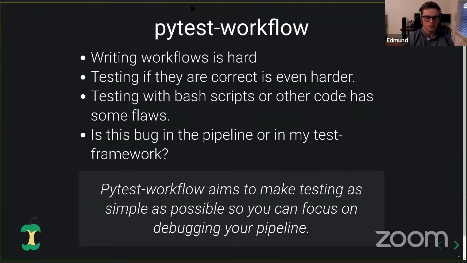Like what are you going to use to test it? Is the bug in the pipeline or is it in the test framework? Before, we just used CI and just ran the commands manually, and that's just checking to see whether the pipeline even passes and doesn't end with an error. And so pytest workflow's catchphrase here is: pytest workflow aims to make testing as simple as possible so you can focus on debugging your pipeline.